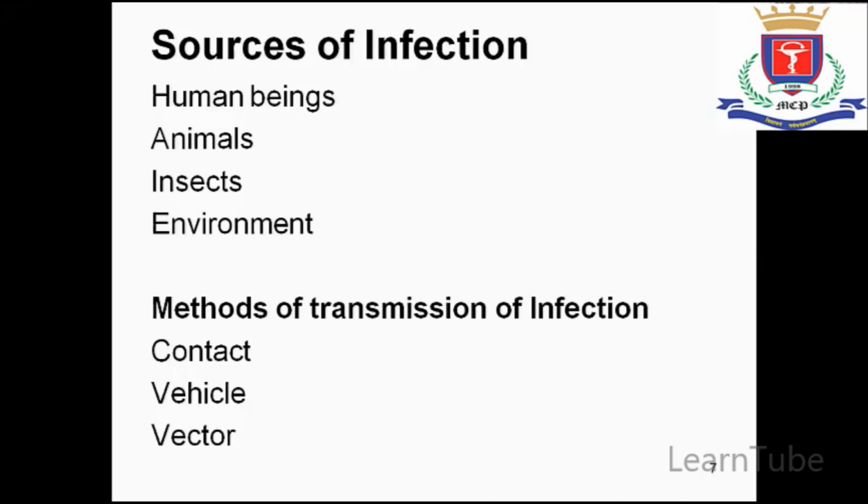Vehicle here means some diseases are waterborne, some diseases are airborne. So here air and water act as a vehicle and they transfer the disease from one person to another. Vector here means diseases like malaria, dengue, where the parasite resides on that particular mosquito, that is the Anopheles mosquito, and then it gets transmitted from one person to another.